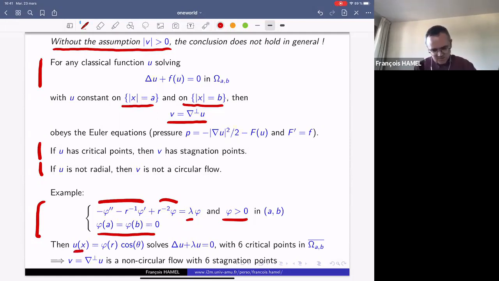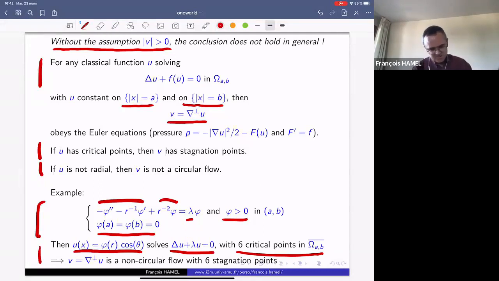Now if I define u to be phi of r times cosine theta in the usual polar coordinates, then by definition of the function phi, the function u solves this equation, which is a particular semilinear elliptic equation. This function u has 6 critical points in the closed domain: 2 on the inner boundary, 2 on the outer boundary, and 2 in the open annulus.